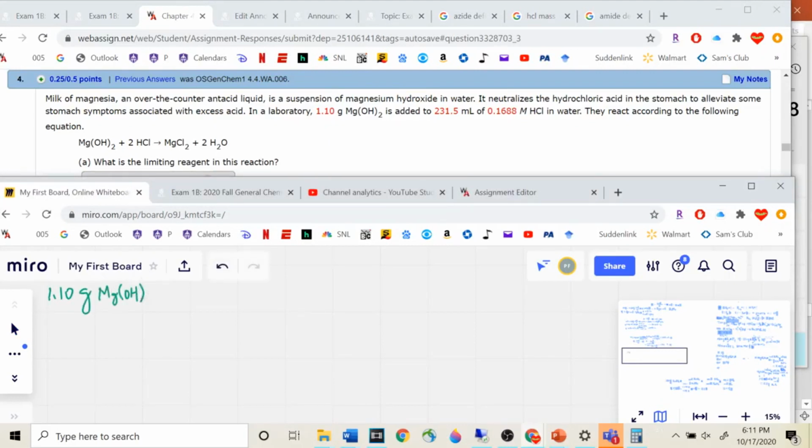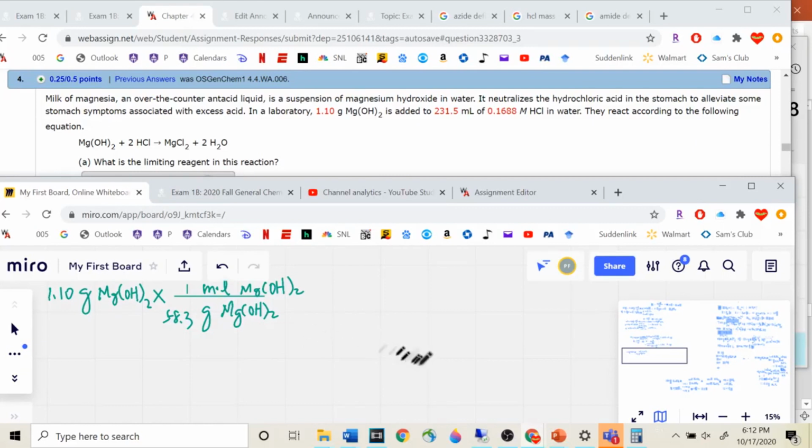We convert from grams of magnesium hydroxide to moles of magnesium hydroxide using the molar mass. 1 mole of magnesium hydroxide contains 58.3 grams. Okay?